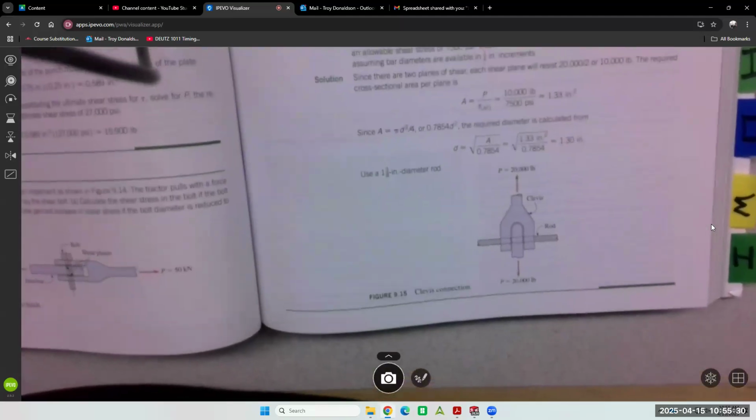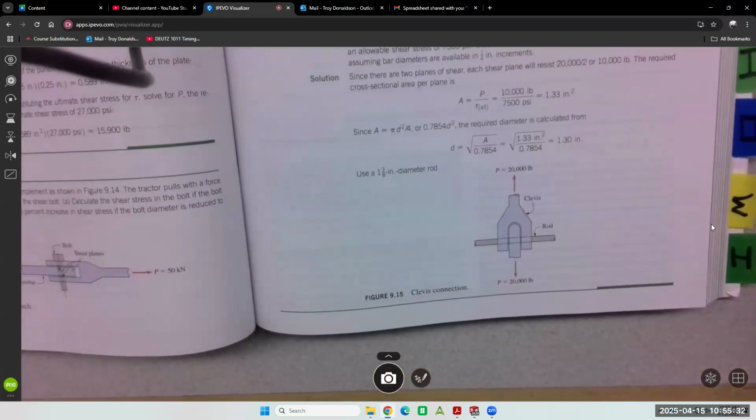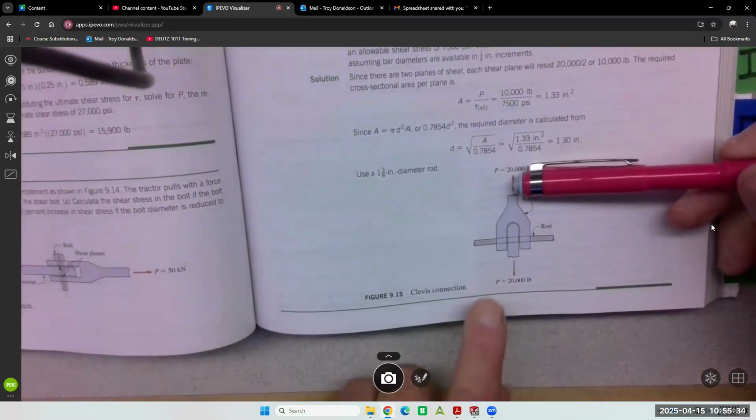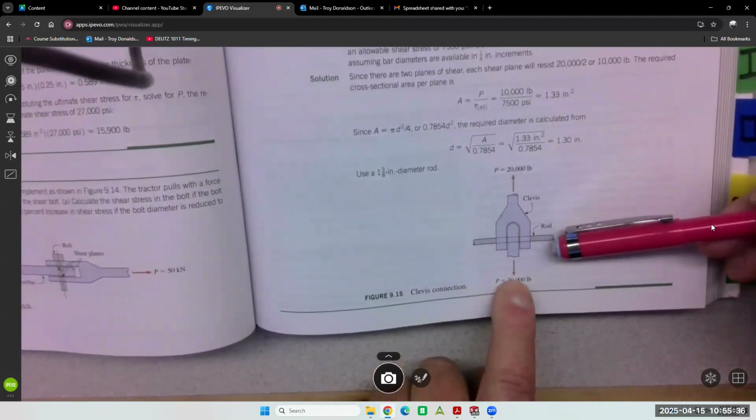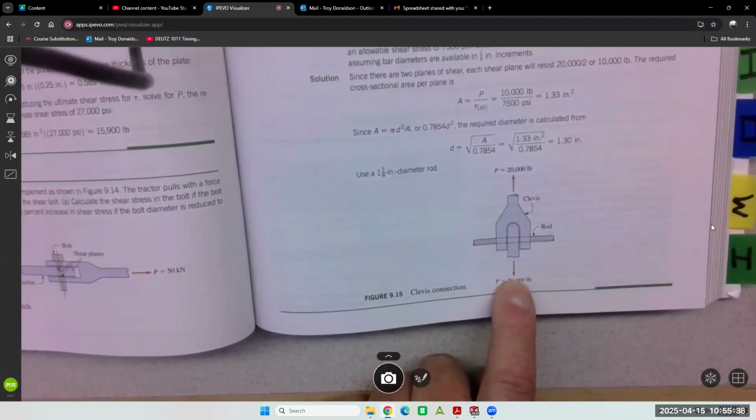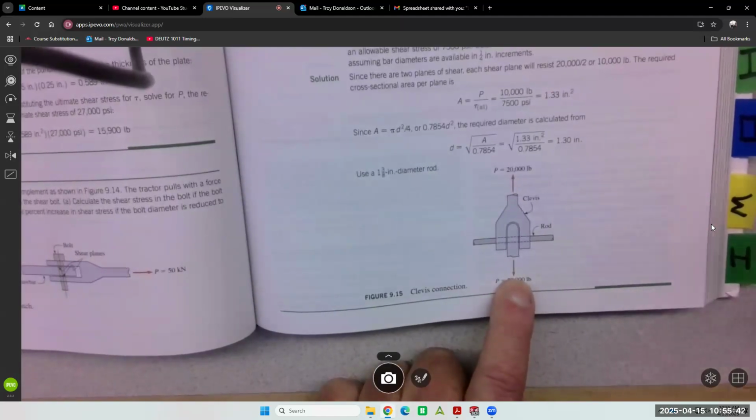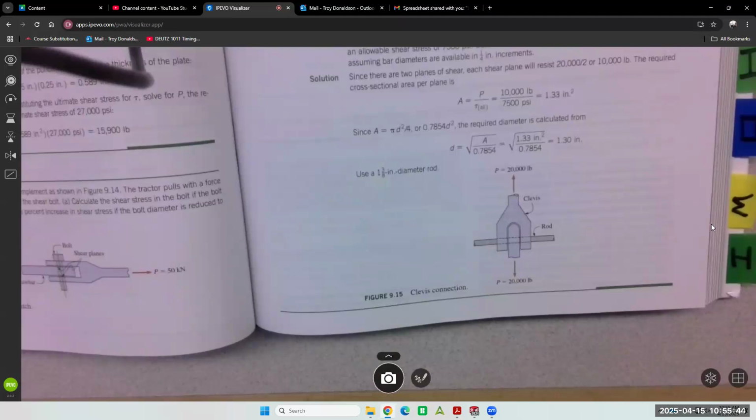Oh, this is a good one here. Oh, lost it. I'm not in equilibrium. Right, so we got a load here and a load here. And we got a rod and a clevis. Okay. I need to calculate the shear stress. Clearly, we got some shear going on here, right?